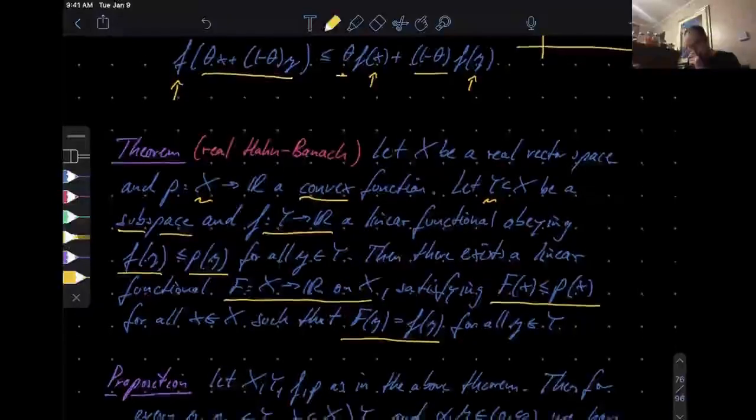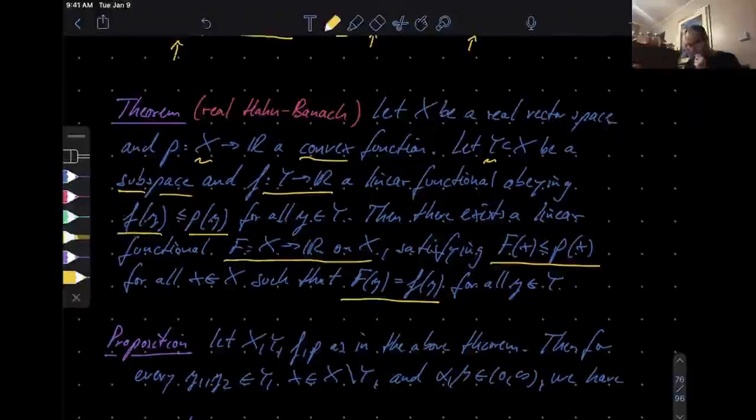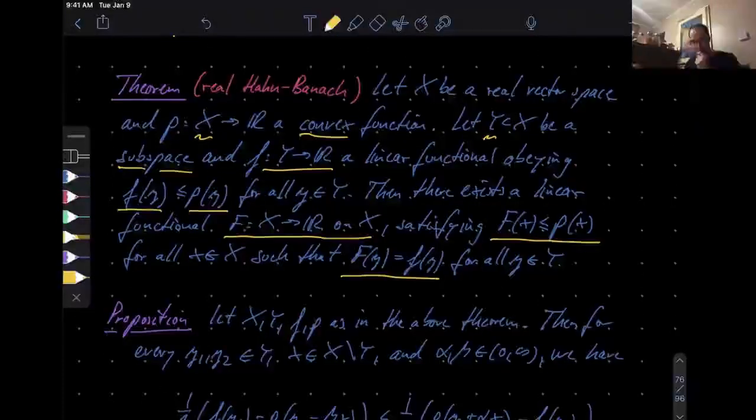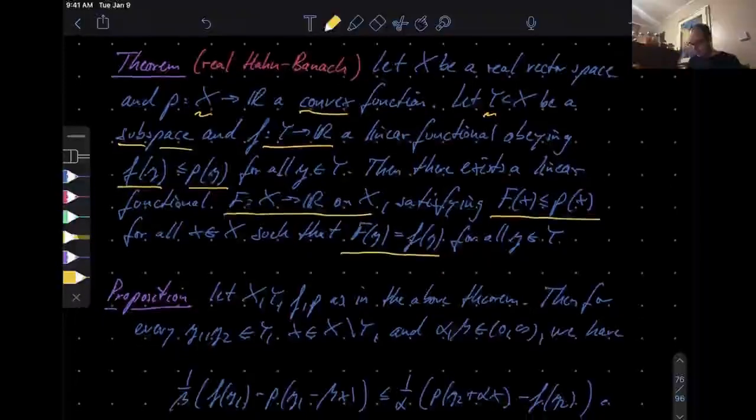So the proof is split into several pieces. The first one being this first proposition. This will derive some inequality. So for real vector spaces X, subspace Y, the small f, the linear functional on Y, and the convex function P on X, as in the above theorem, we have the following inequality.